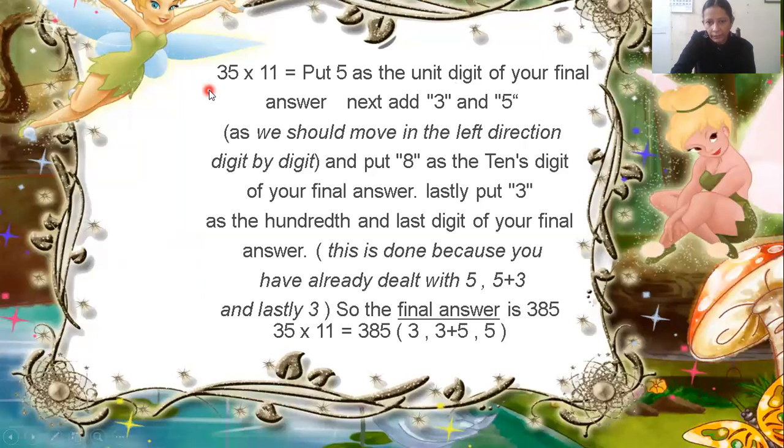In the final answer I have shown you here, splitting I have done here. 3 I have written here and 5 I have written here. Now I am going to show you how I have done this.